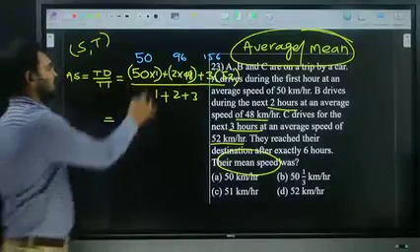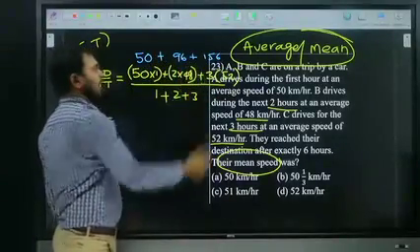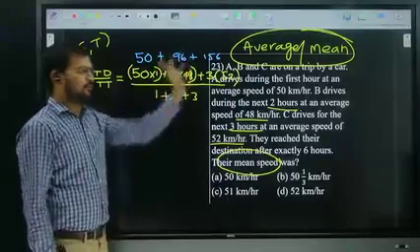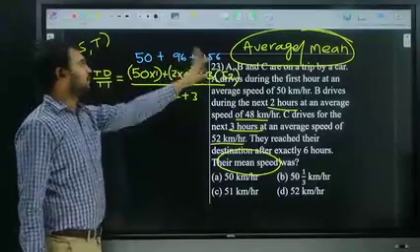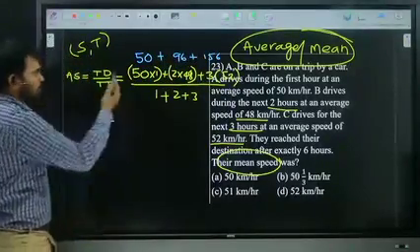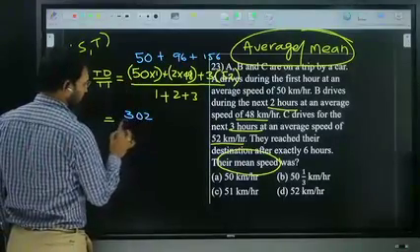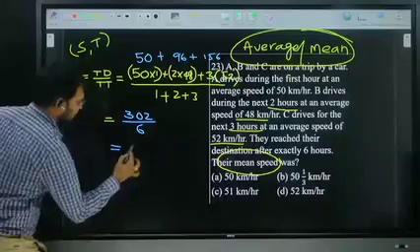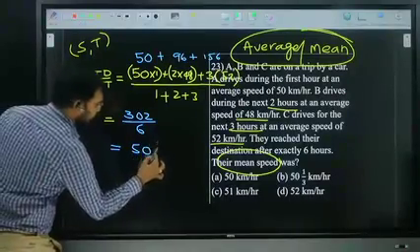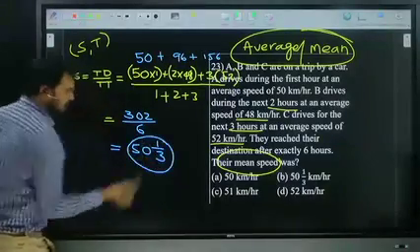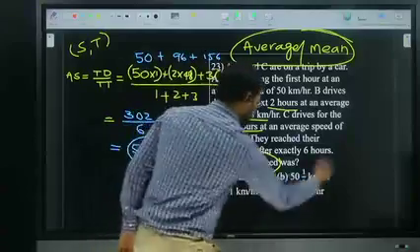Now add these three: 50, 96, 156. 96 plus 156 is 252, plus 50 is 302. 302 by 6: 6 fifties are 300, remainder is 2, and 2 by 6 is 1 by 3. So your average speed is 50 1 by 3 kilometer per hour.